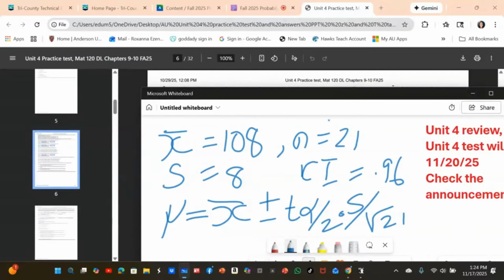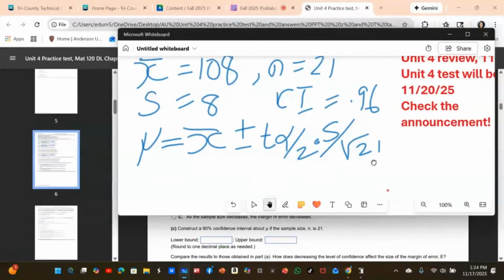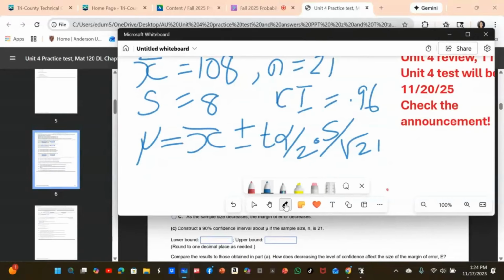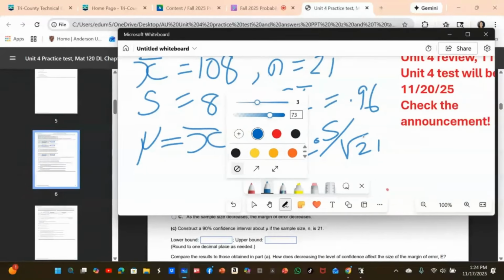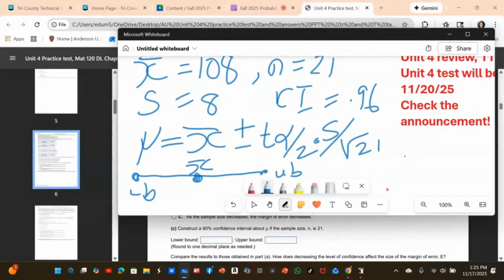Before I use my calculator, I can draw a number line. I want to show that the confidence interval goes from the lower bound to the upper bound, where the midpoint of the confidence interval is the point estimate x bar.